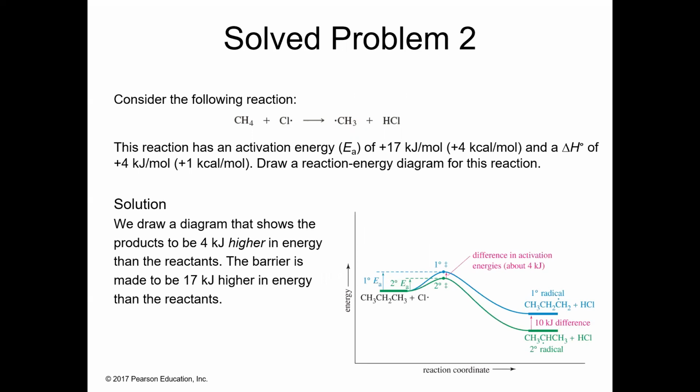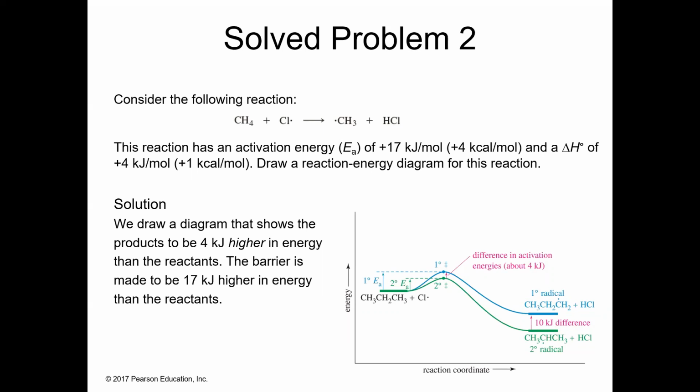Okay, so here's the solved problem. Consider this reaction between methane and a chlorine free radical. This is one step. The reaction has an activation energy of 17 kJ per mole. And by the way, activation energies are always going to be positive. They might be close to zero, but they won't be negative.